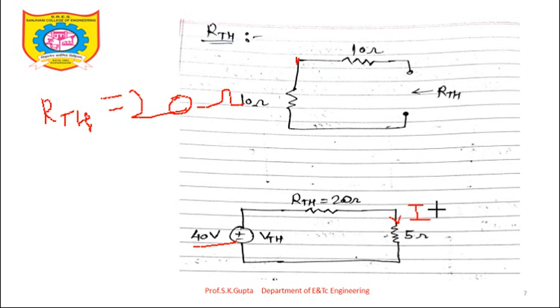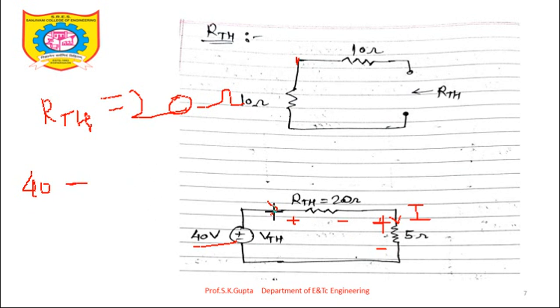Okay. So as the current direction is this, plus minus. Again, this is the current flowing in RTH, so plus minus. Okay. Now I can use one KVL equation to get the value of I. As I am going from minus to plus, I will take 40 as it is. Now I am going from plus to minus, so I will take a minus sign.